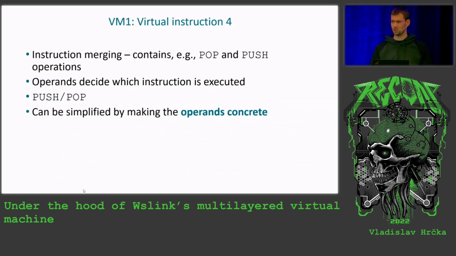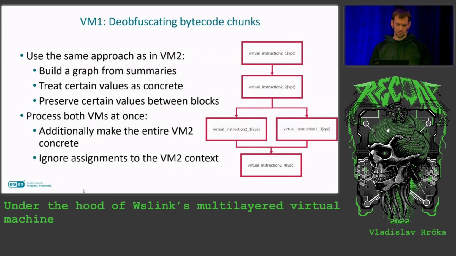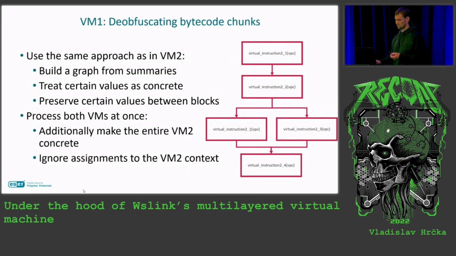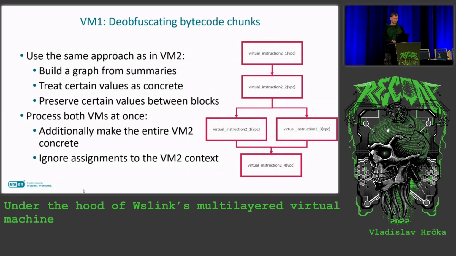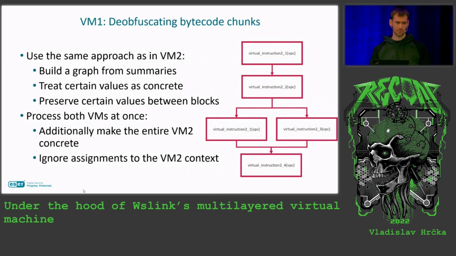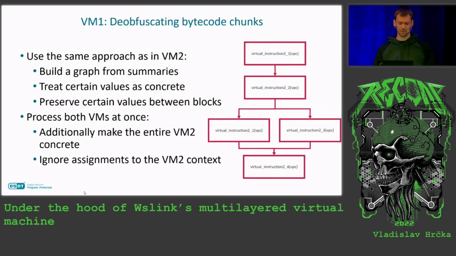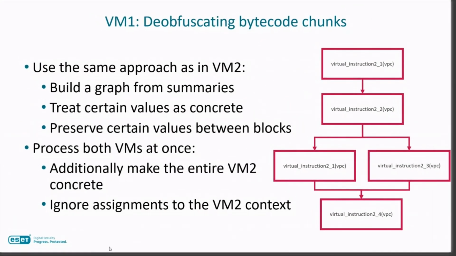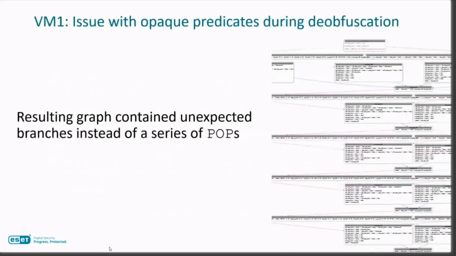operation we actually performed. So now we will do the same as in the previous machine, and we will additionally make the entire VM2 concrete, because we know what memory range belongs to it, because it's in a separate section, and we will additionally ignore assignments to the second VM to see only what happens in the first one.